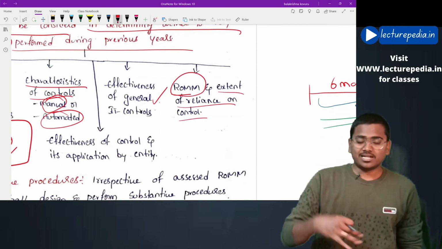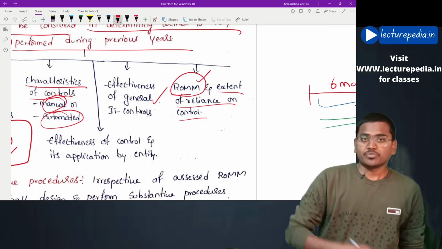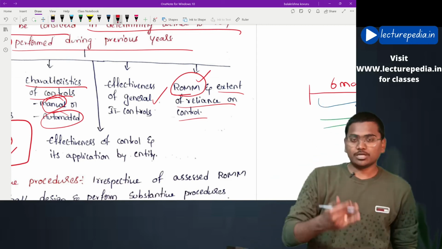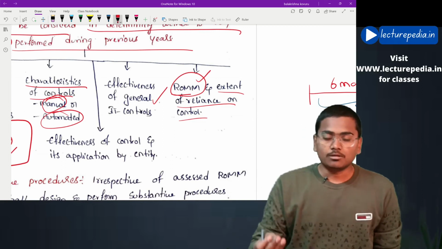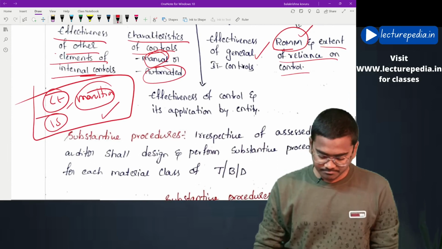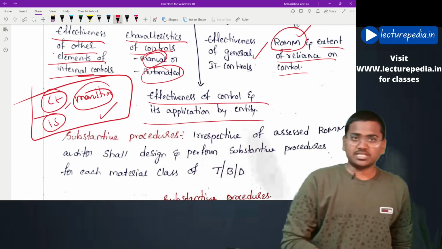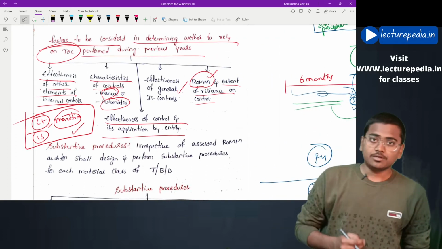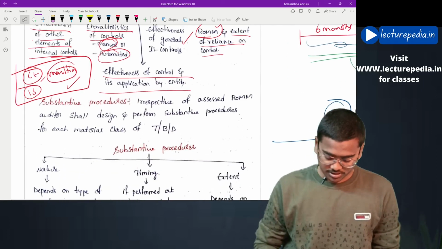In the current year, the auditor would have determined the risk of material misstatement. Based on this risk, the auditor will decide whether to rely on the test of controls that were performed previously. Next, effectiveness of controls and its application by the entity. Based on all these factors, the auditor will take a decision whether to rely or not.